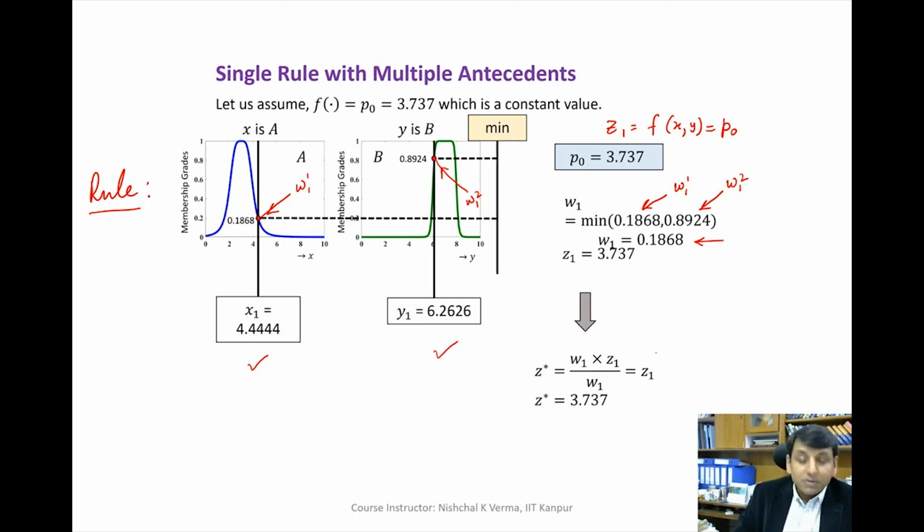Since we have only one fuzzy rule here, the weighted average is going to give us the same output, because we have only one rule. Had it been more than one rule, then the output would have been computed accordingly.